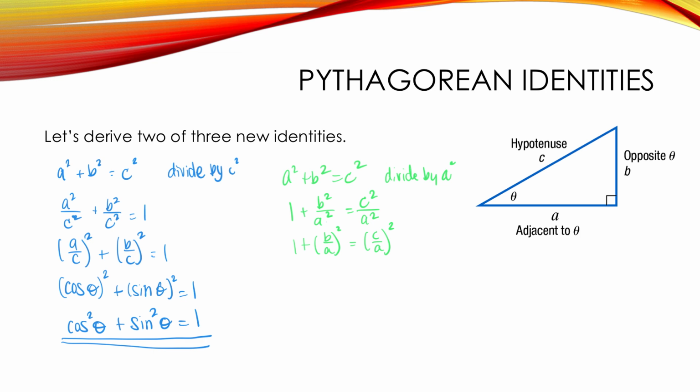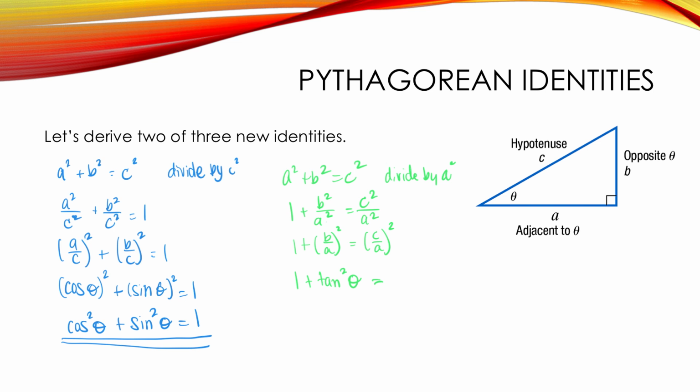Well, let's see if we can figure out what some of these are. B over A is opposite over adjacent, which happens to be tangent. So we know that this is 1 plus tangent squared theta.